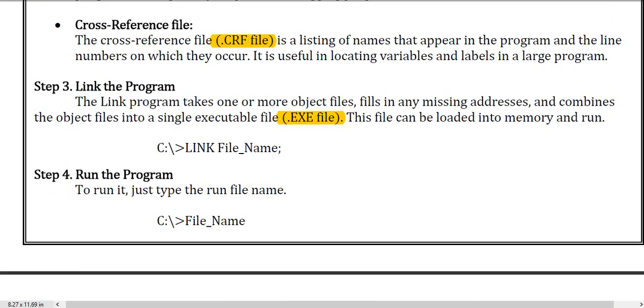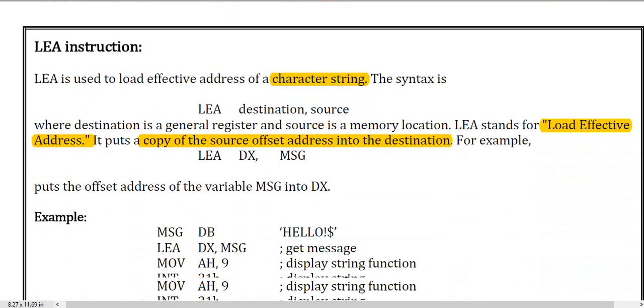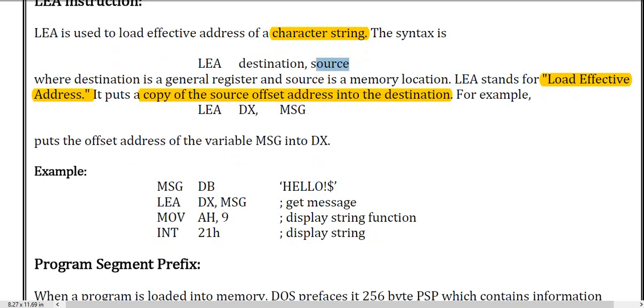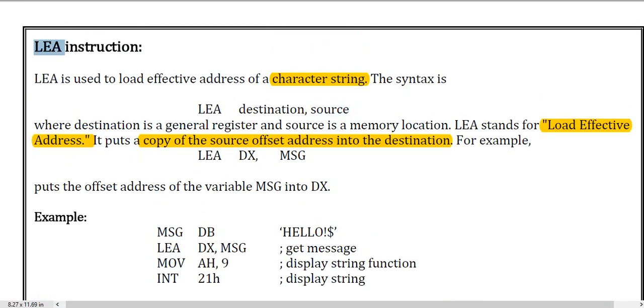Those are not very much important, you can skip them. LEA is used to load effective address. Here we have the destination first, then the source. To copy the source offset address into the destination, we use the LEA instruction.